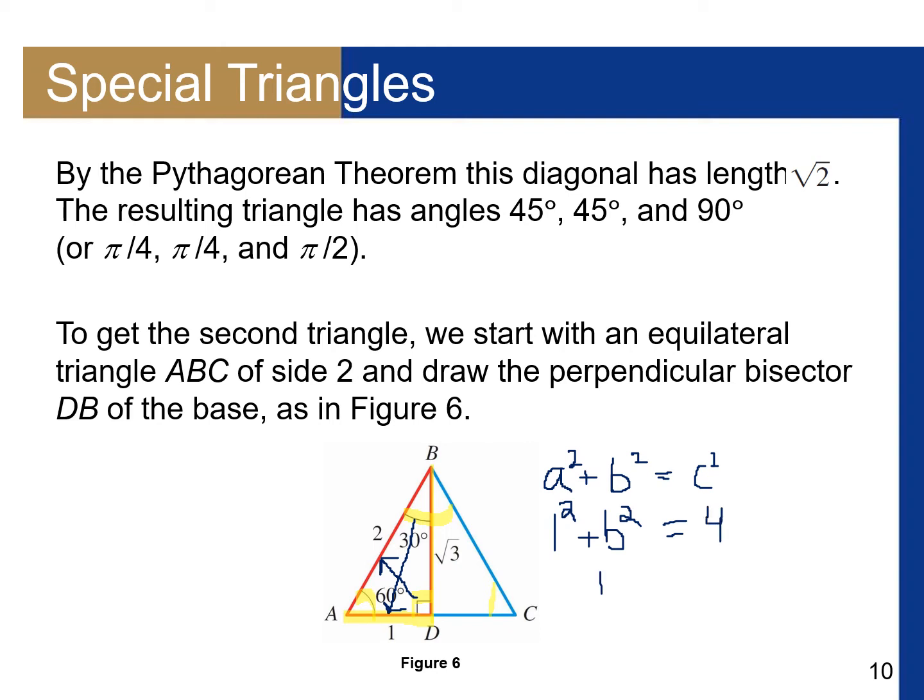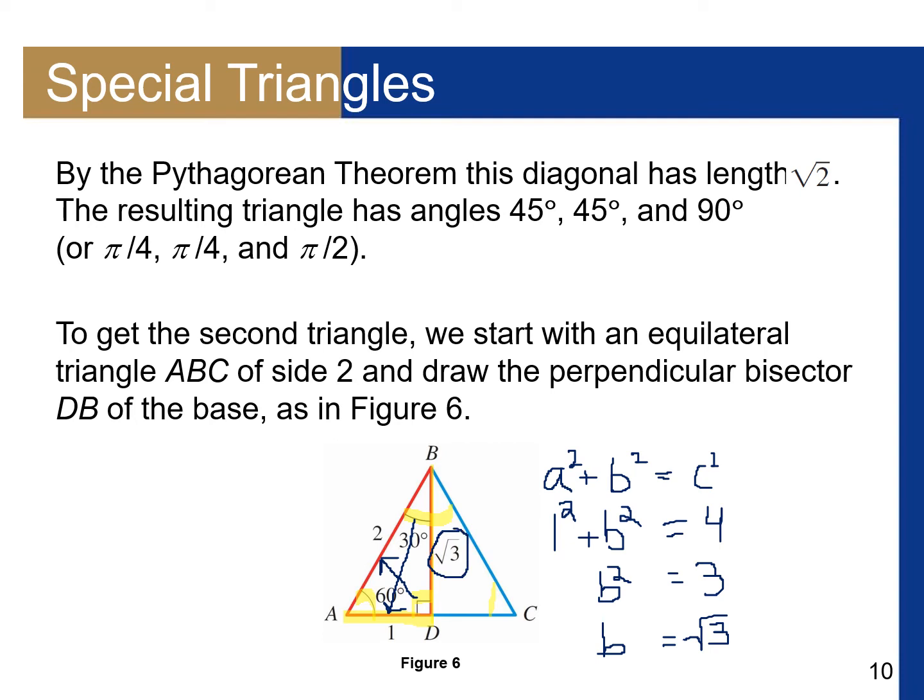When I subtract it, I will have b squared equals 3. After I subtract my 1 from both sides, take the square root, and then of course, since I'm looking at distance, I'm going to use the positive, which is the square root of 3. So that's how I get my square root of 3 here.